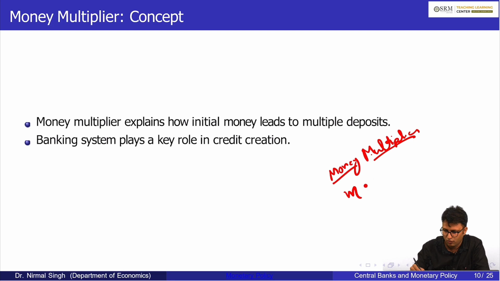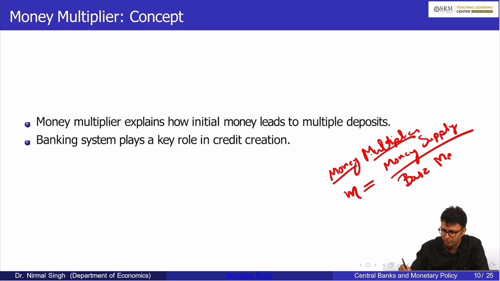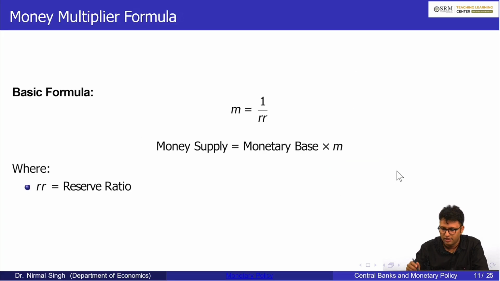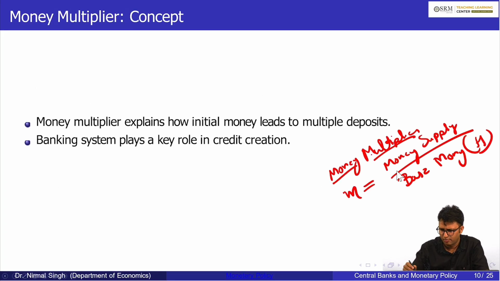A money multiplier is money supply divided by base money or the high powered money. So this multiplier will be how many times this money supply is to the base money.